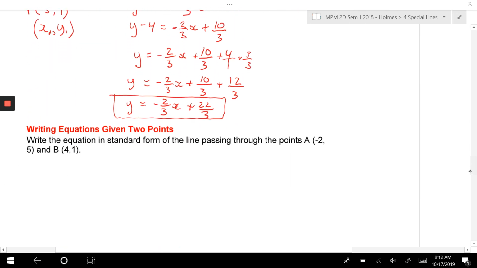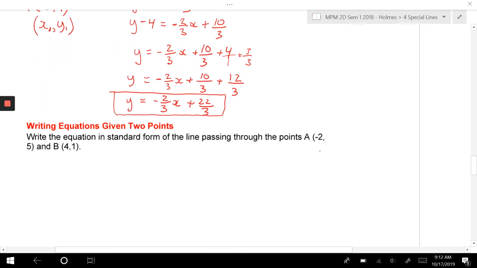So what I'm going to do, because in this case I'm not given the slope, I'm given 2 points. Well, we remember we're able to calculate the slope. So the first thing we do is calculate the slope. The slope of the points A and B is my change in y over my change in x, y2 minus y1.